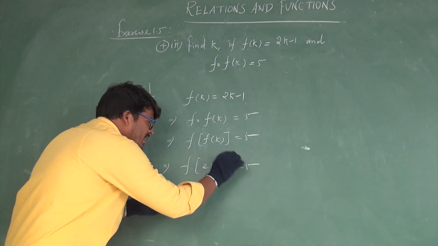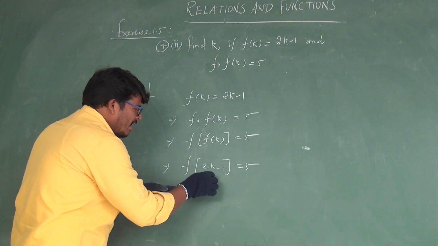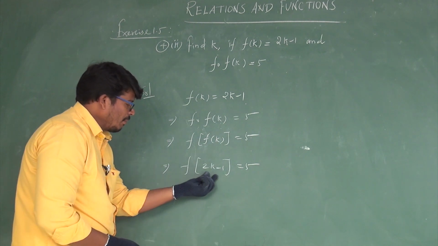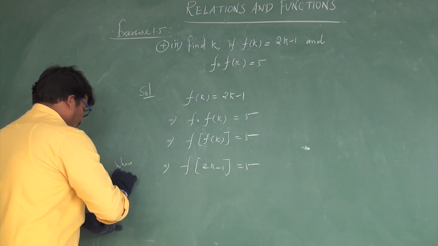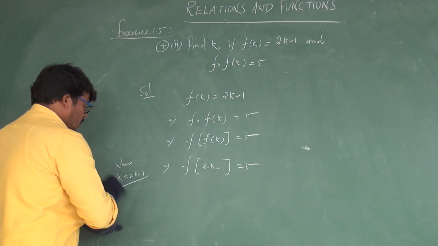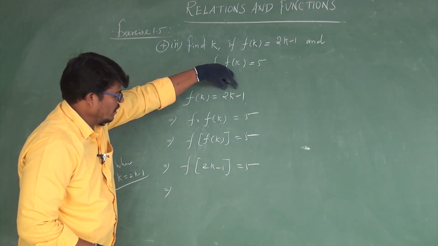The entire function is f of k, where k is replaced by 2k minus 1. Substitute in f of k, which is 2k minus 1.